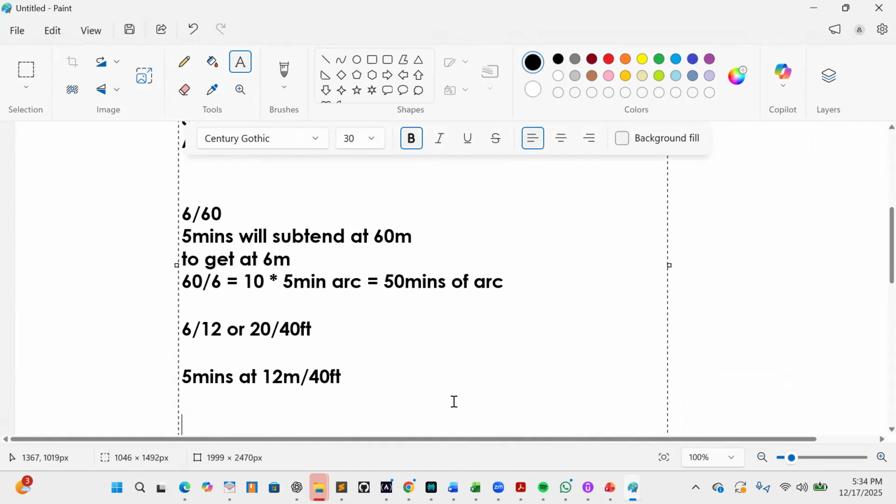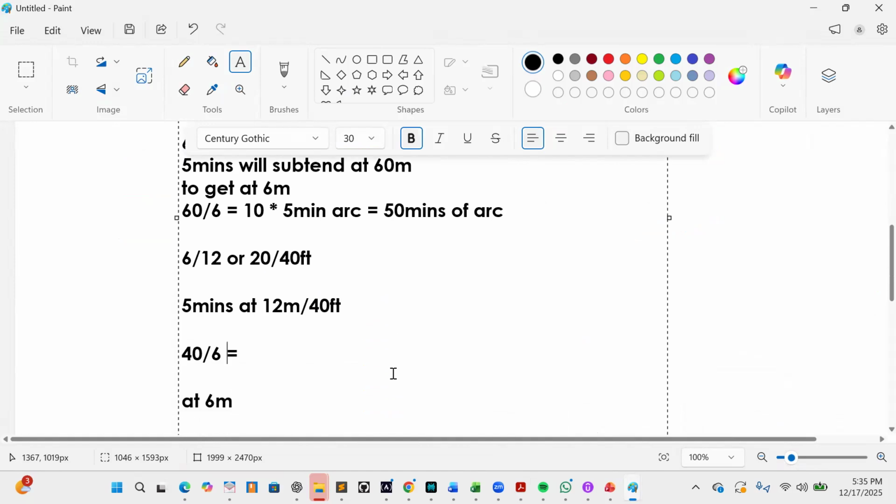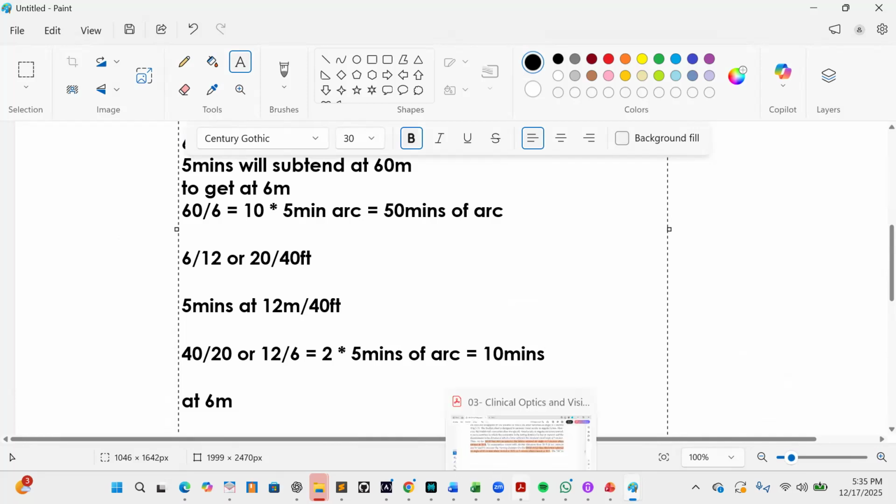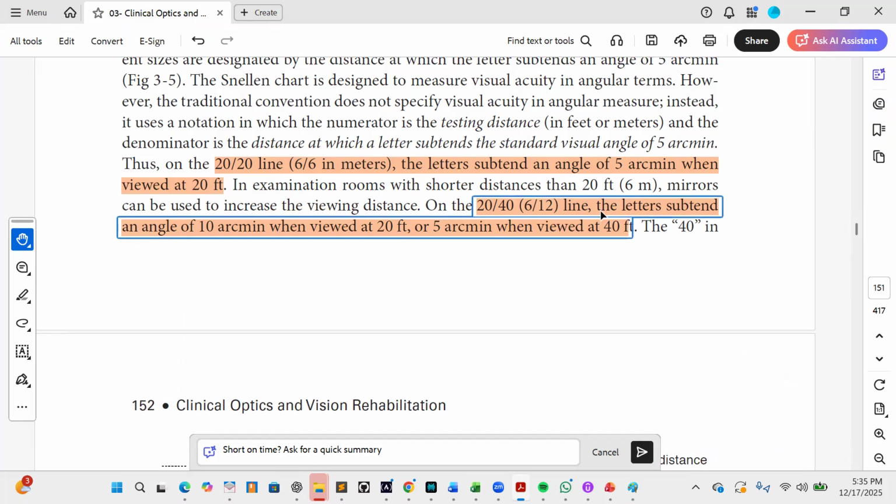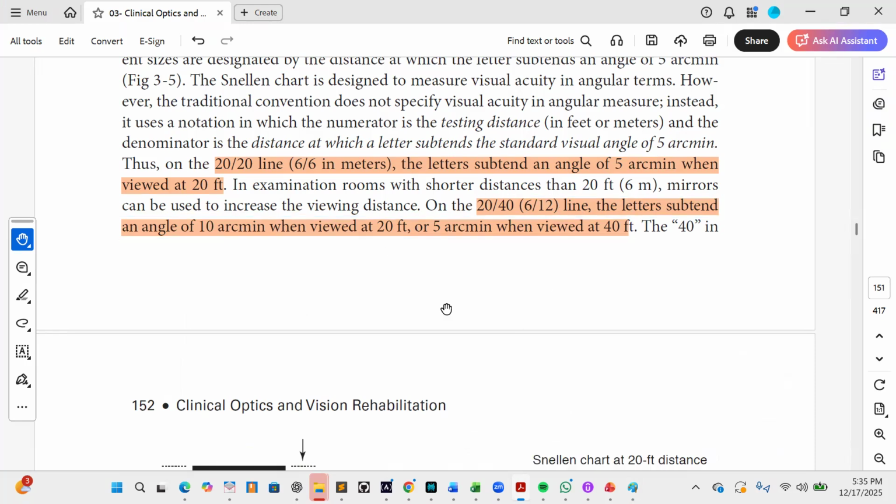And so at 6 meters, what do we get? So just use 40 divided by 20 in feet, or 12 divided by 6. That will be equal to 2. So you now multiply it by 5 minutes per optotype. That will equal 10 minutes. And so that means 10 minutes will now be at 6 meters, and that's what the number is. So it will be 10 minutes at 6 meters or 20 feet.